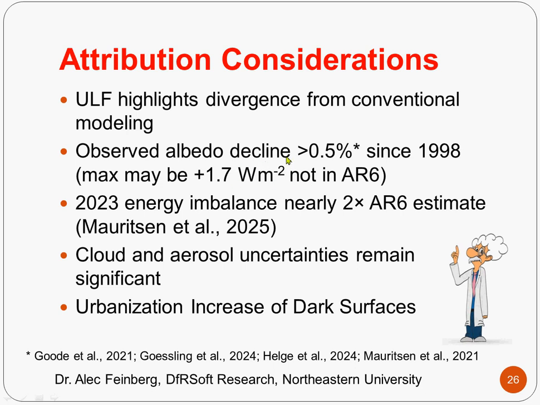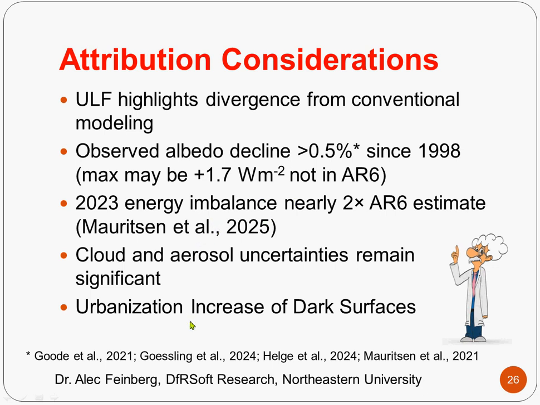One would estimate this could actually be lower, but if we just did the basic physics estimates, we would get 1.7. The planet may not actually show that because of clouds and things like that, but generally speaking, that's the albedo decline.